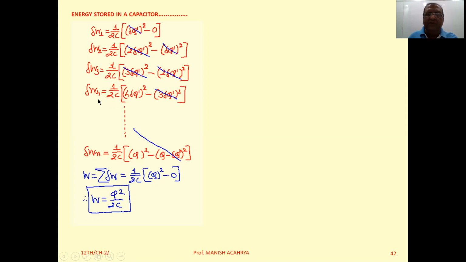Then delta W4 is 1 upon 2C, final 4 delta Q dash whole square minus initial 3 delta Q dash square. And finally, when the total charge deposited on the capacitor is Q, delta Wn is 1 upon 2C, final charge Q square minus the initial Q minus delta Q dash, square.